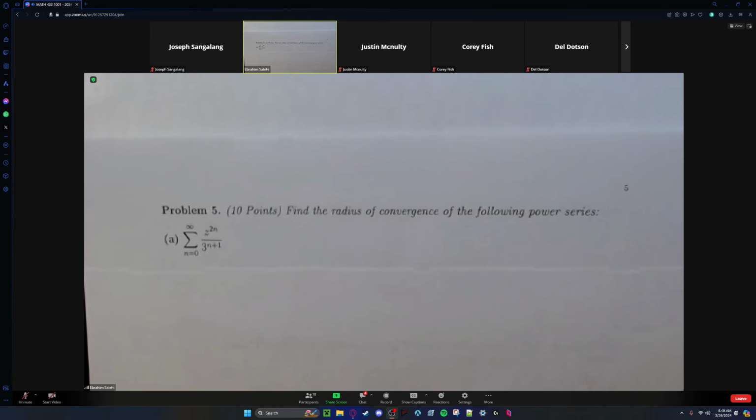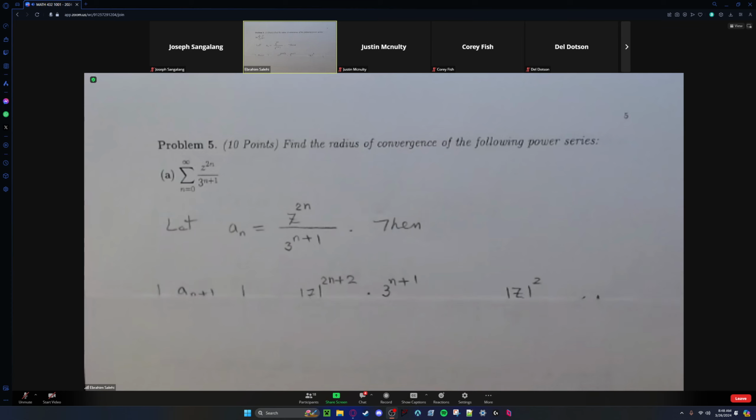Of course, in these cases, we use the generalized ratio test. If you call that one a sub n plus 1 over a sub n, you form this one, you simplify, you get this.